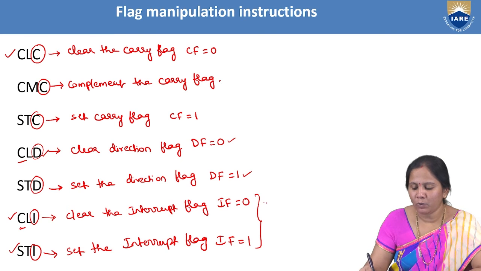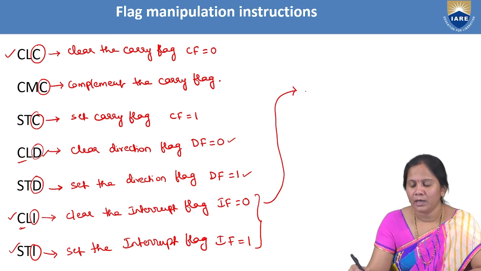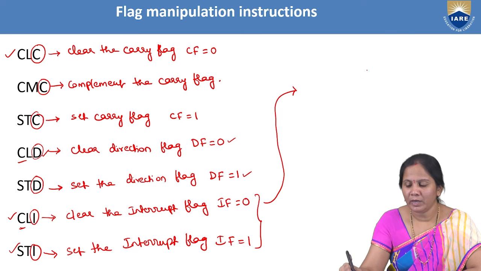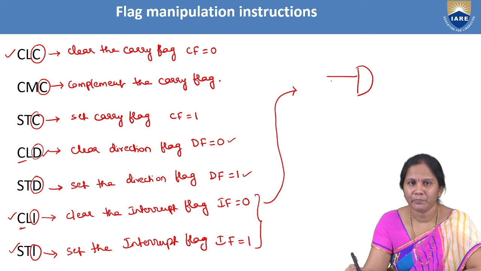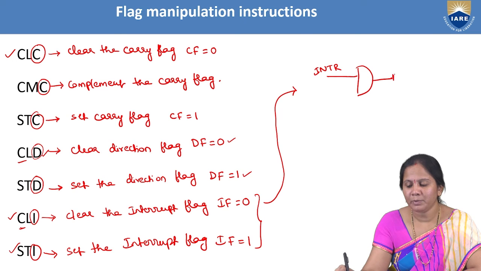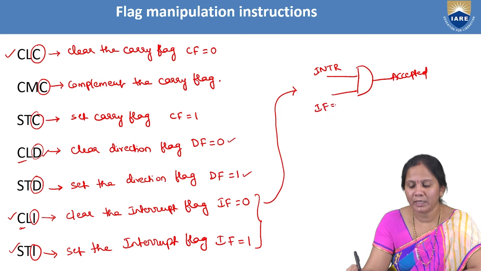Generally, the importance of this interrupt flag is that if any interrupt is coming through the INTR signal, that interrupt will be accepted only when the interrupt flag bit is set.